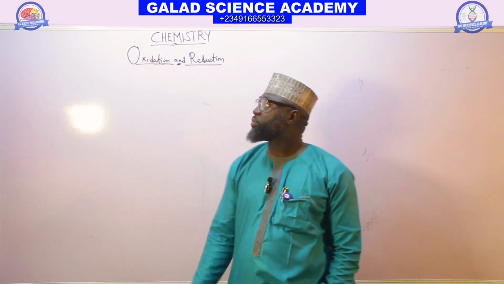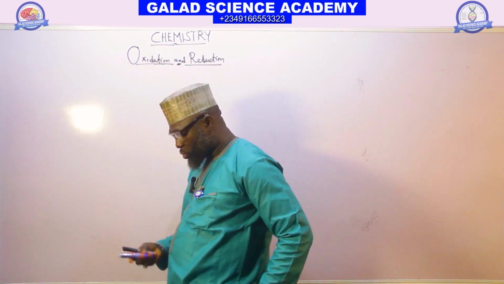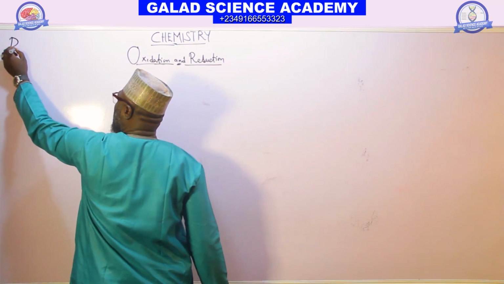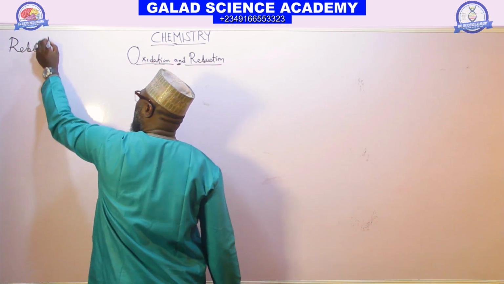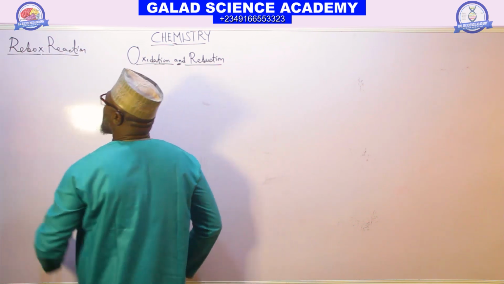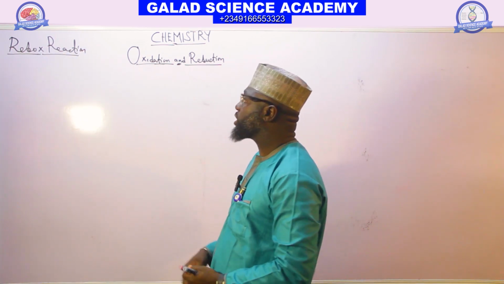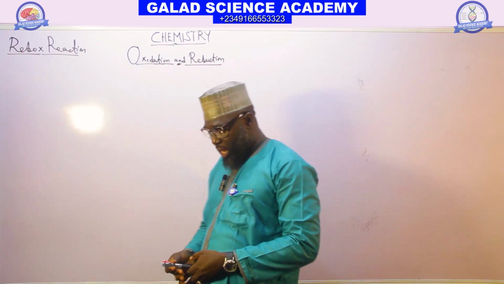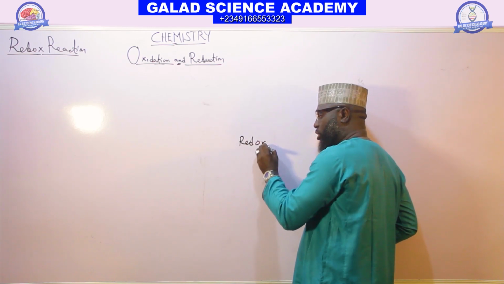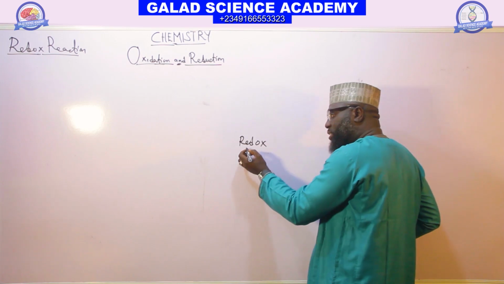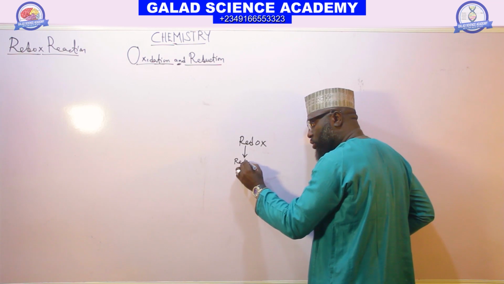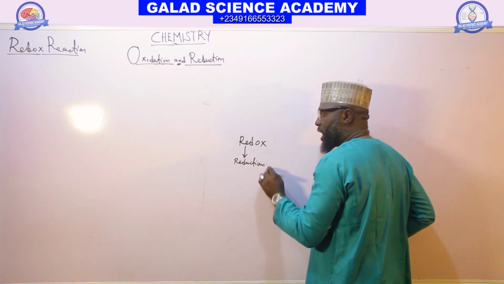So the last aspect of oxidation and reduction is what we call redox reaction. So, what is redox reaction? As the name implies, we have redox. Sorry, the word red, R-E-D, from the word reduction reaction.